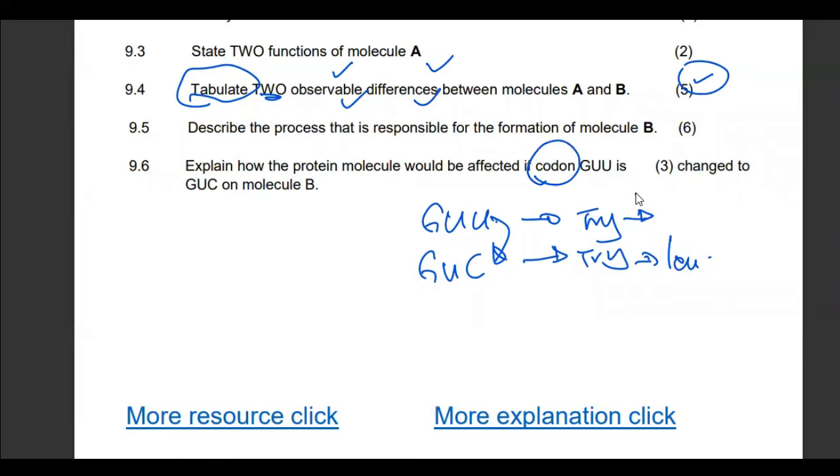Then this will lead to a different sequence of amino acids. Different amino acids will be brought to the ribosome, and then a different protein will be formed.